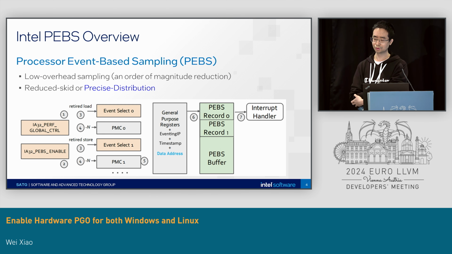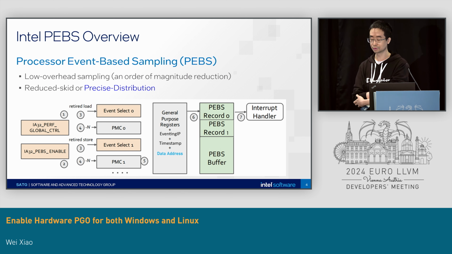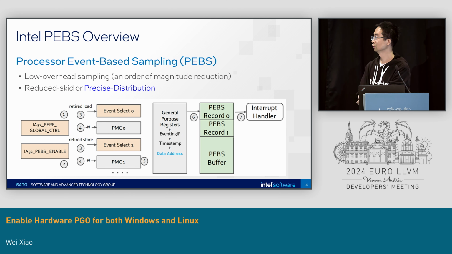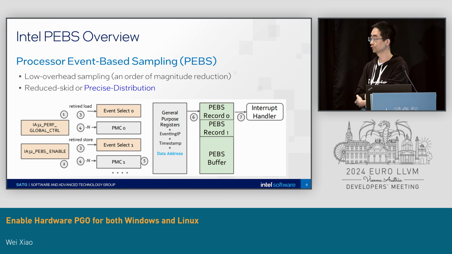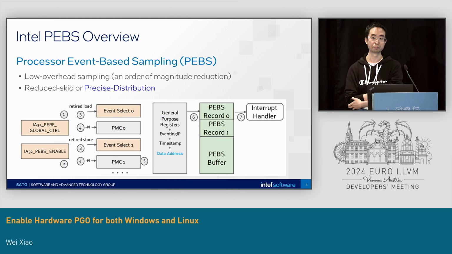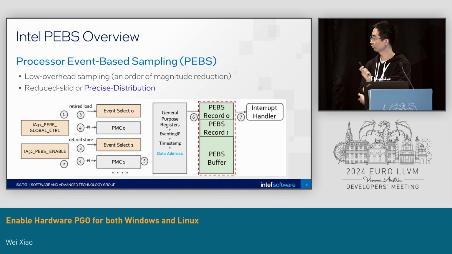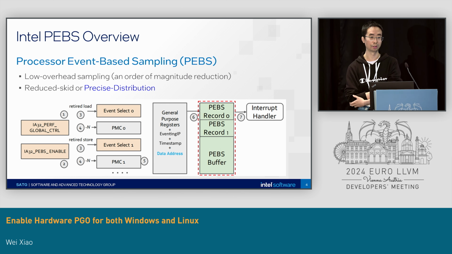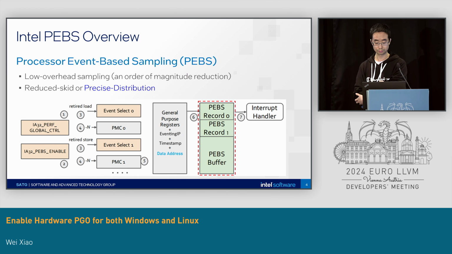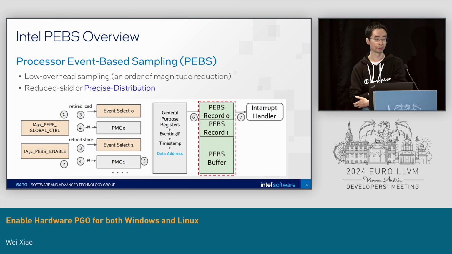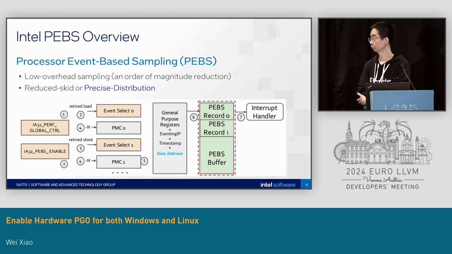Some people also call it precise event-based sampling, but the official name should be processor event-based sampling. Basically, they mean the same thing because the PEBS buffer contains multiple records, which can significantly reduce the number of interruptions triggered by the performance counter overflow.